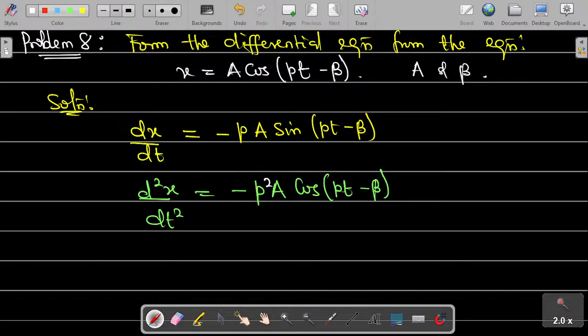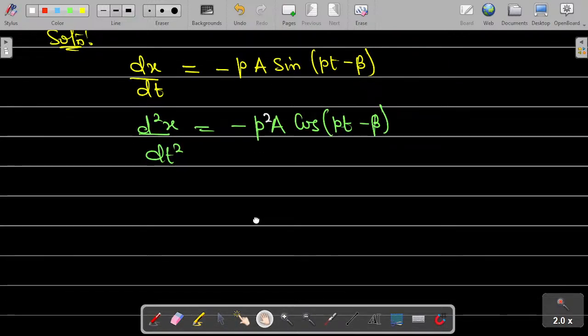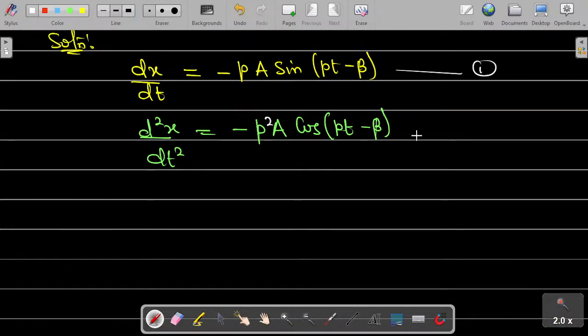All right, so now that's the two equations we have, and we are asked to now complete this to eliminate those two constants. So we are to eliminate a and then beta from the two equations, and then use it to generate a differential equation.